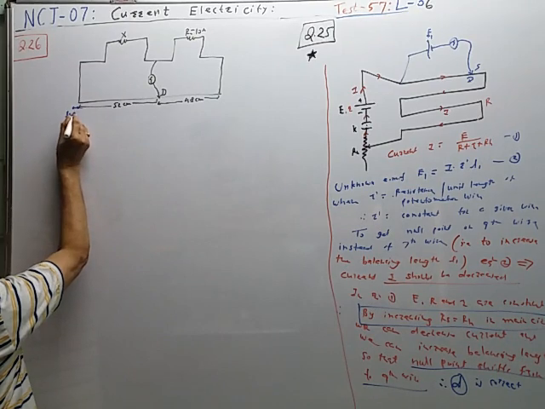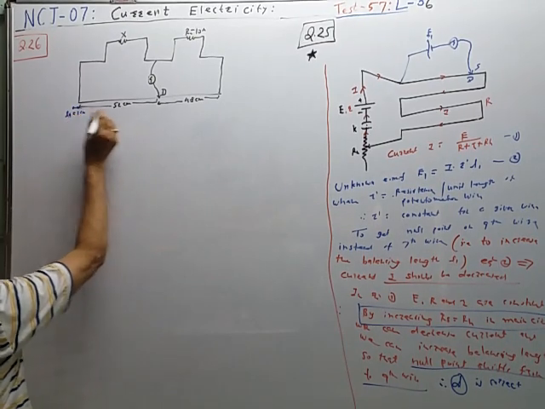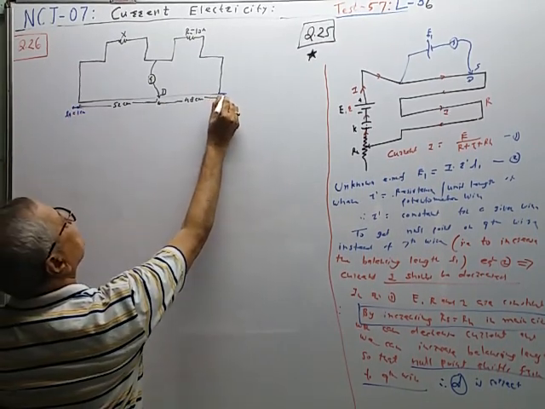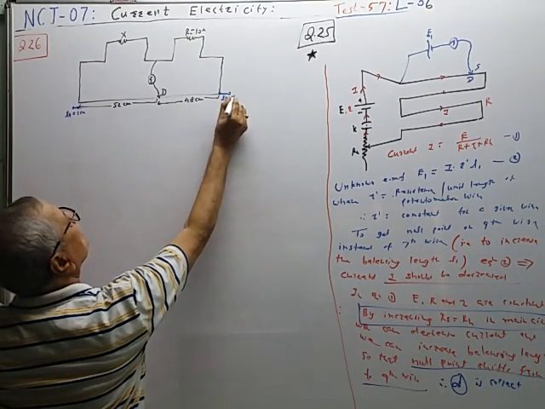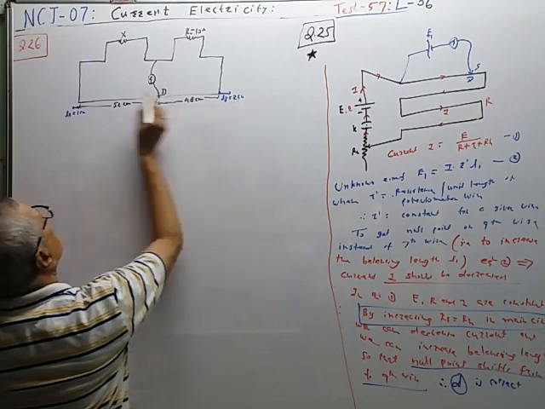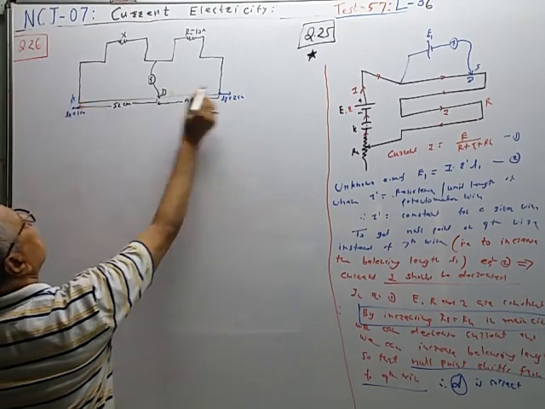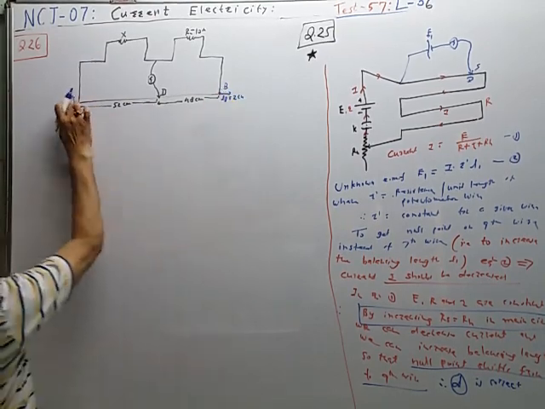LA is equal to 1 centimeter. LB is equal to 2 centimeter. This is point A. This is point B.